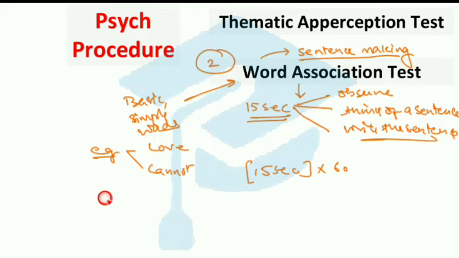Clear? So very simple words will be given to you and you have to make that sentence, but make sure you have only 15 seconds. After 15 seconds, the next word will be flashed before you. And this is how the test will be conducted.